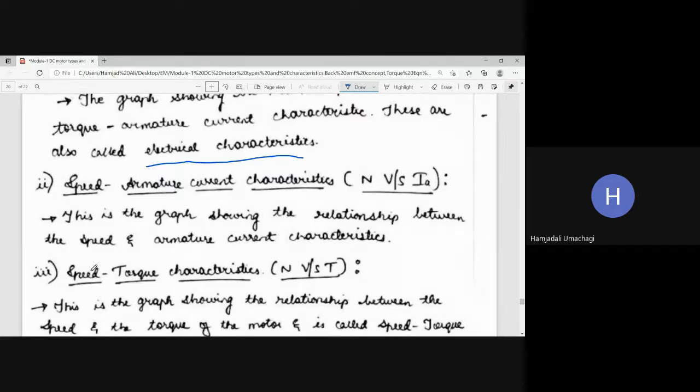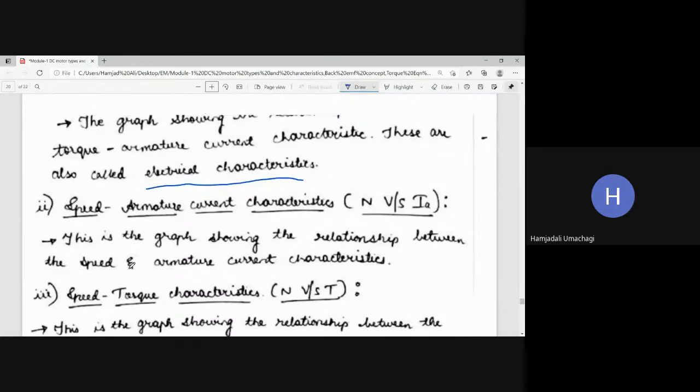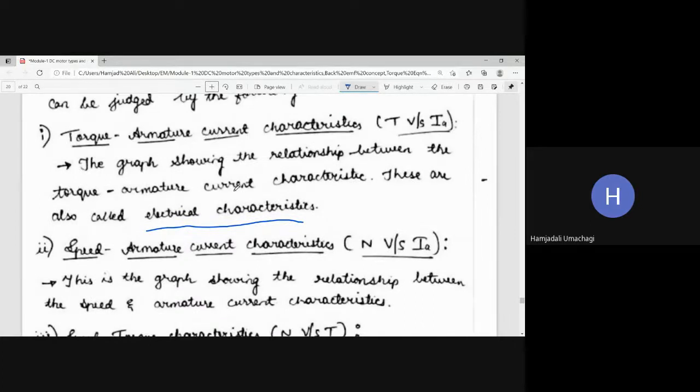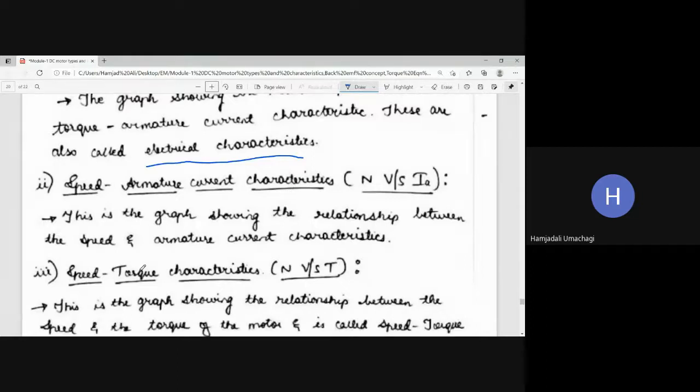So this speed versus torque graph is called mechanical characteristics because both are mechanical quantities. But in the first case, torque versus armature current, it is the electrical characteristics. If you come to know about T versus Ia performance, then you are going to estimate the electrical characteristics. If it is speed versus torque, then it is mechanical characteristics. Why? Because both these parameters are mechanical quantities.